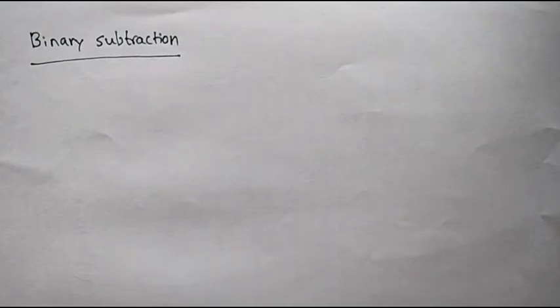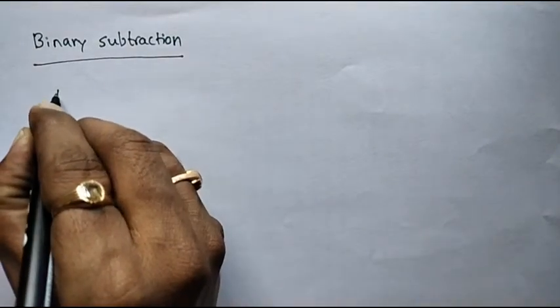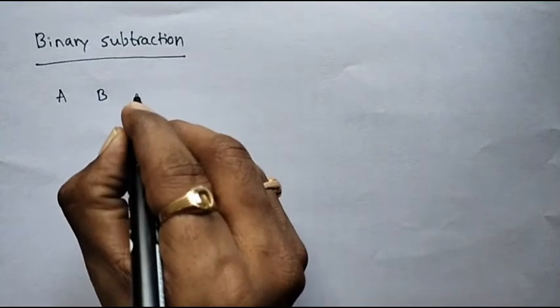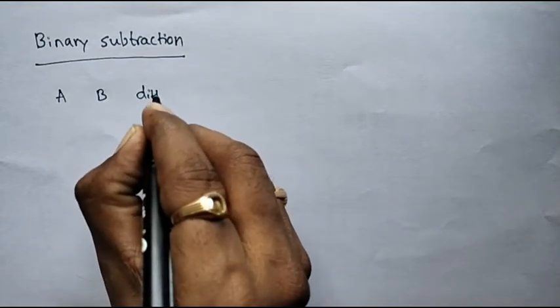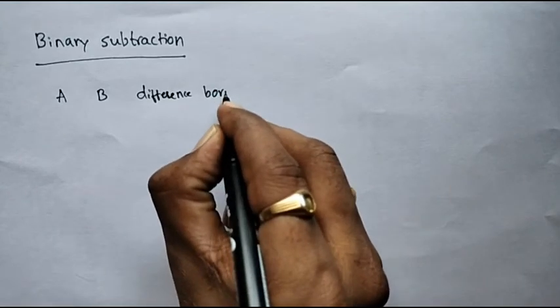Now let us see how to perform subtraction on binary numbers. Binary subtraction is equivalent to decimal subtraction, as follows. Suppose A is a binary number, B is a binary number. In subtraction, it produces the result as difference and borrow.